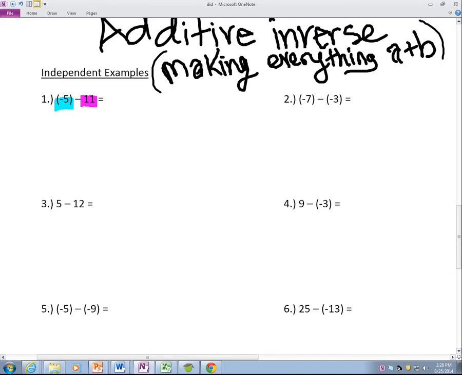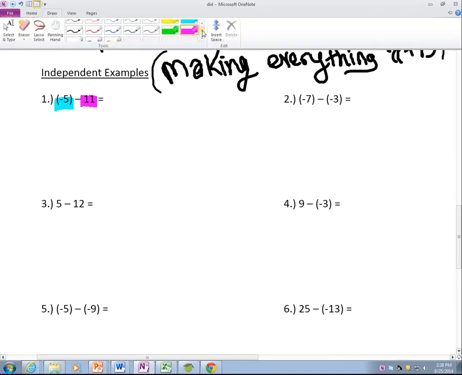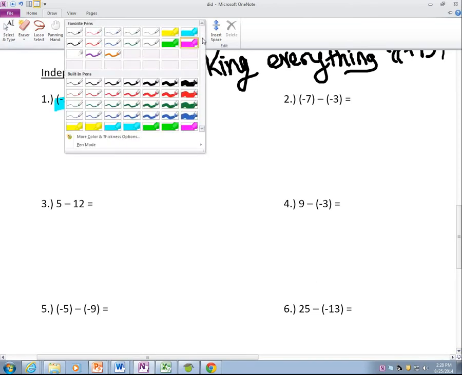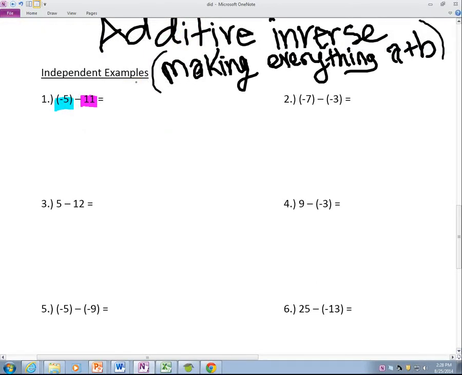So what that means is we are taking this negative 5 and making it negative 5. Now this is plus, and by the additive inverse rule, we are going to keep this at a negative 11.